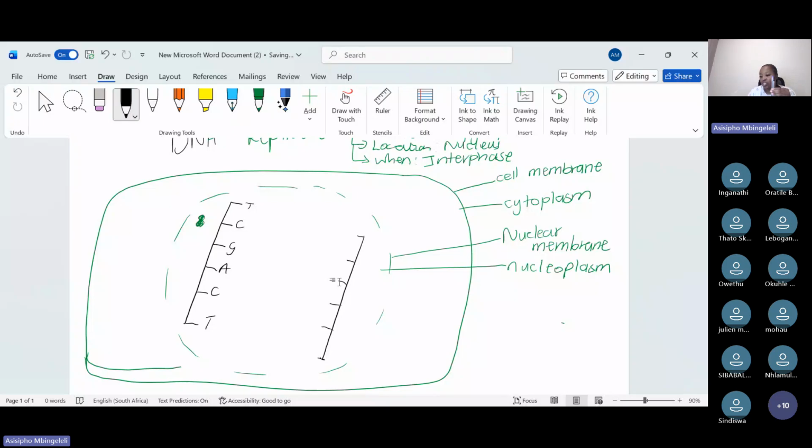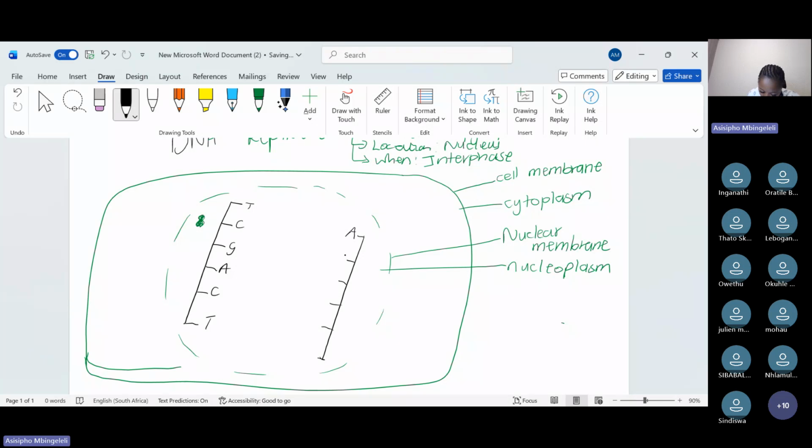As much as we are having two strands now, these two strands were once bonded together by weak hydrogen bonds. So you need to tell me the bases that we find on the other strand because they were once paired. So what is the partner that will be paired with T? Adenine. A.